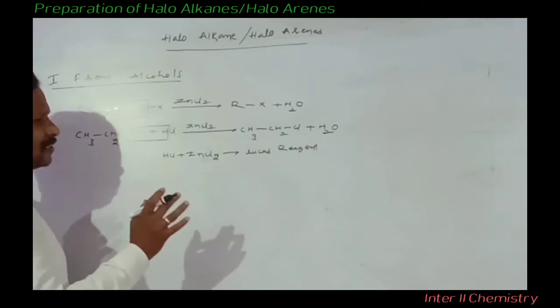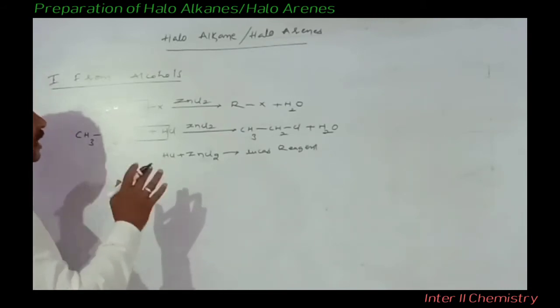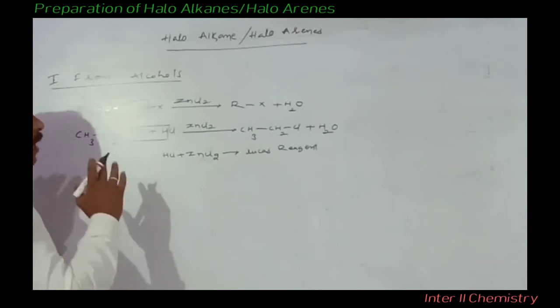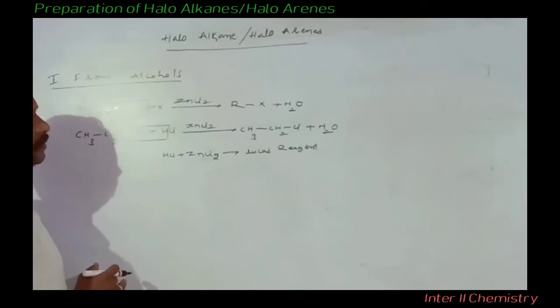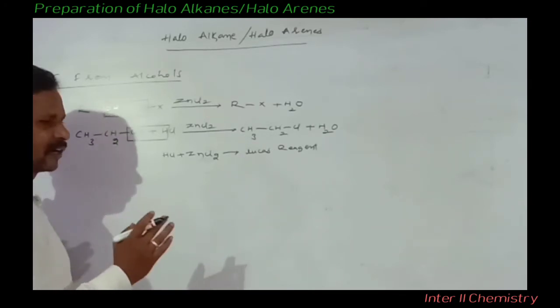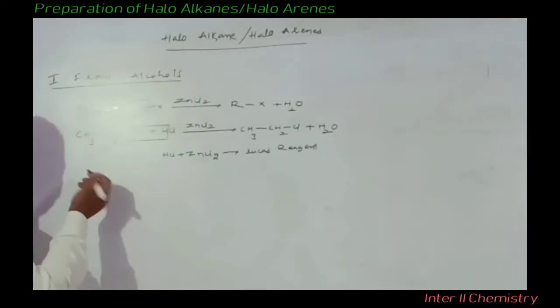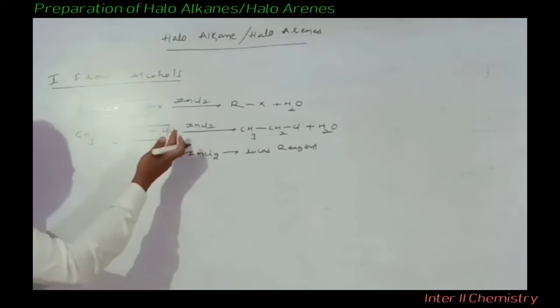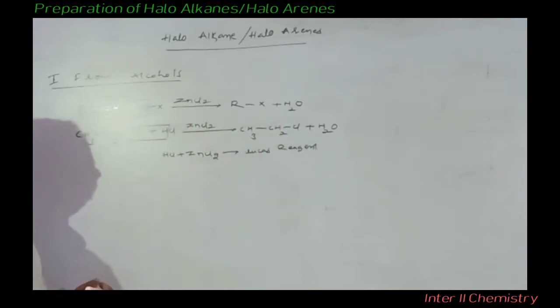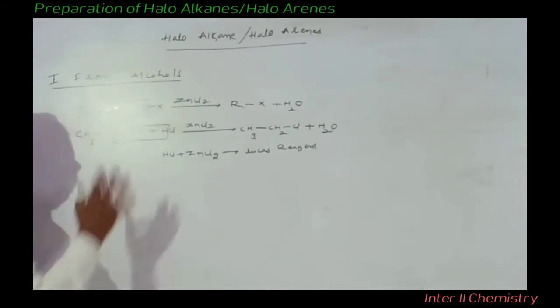This Lucas reagent is used in the laboratory for the identification of primary, secondary and tertiary alcohols. If you take HBr, you write Br there. So this is the reaction of Lucas reagent with alcohol.